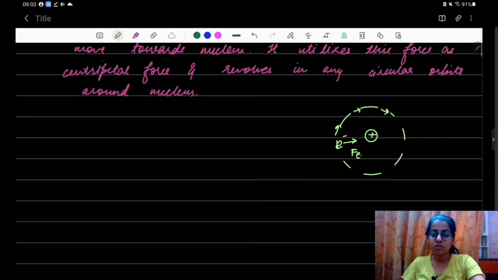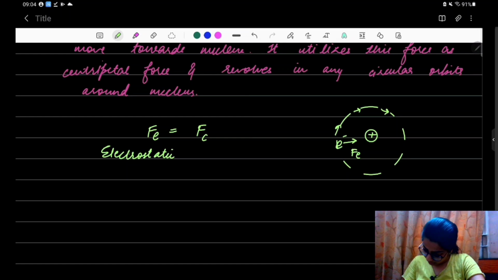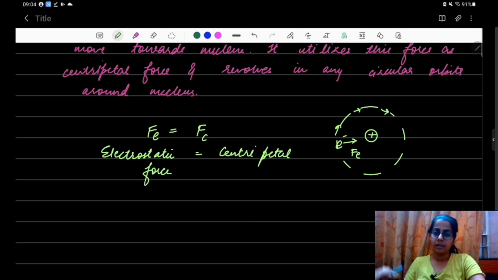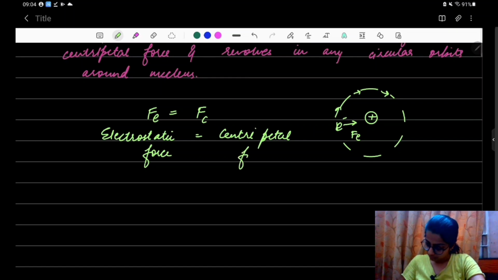Here there is electrostatic force of attraction. This electrostatic force of attraction is used as centripetal force. Electrostatic force is equal to centripetal force, which helps the motion of electron in circular motion around the nucleus.